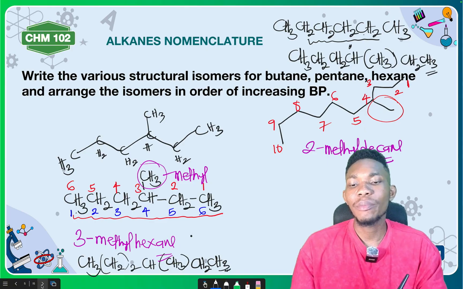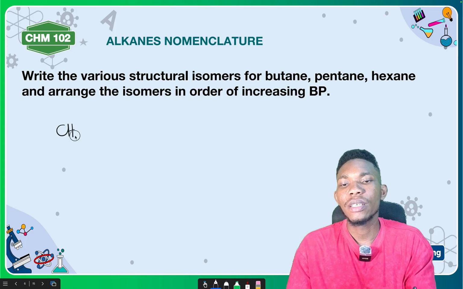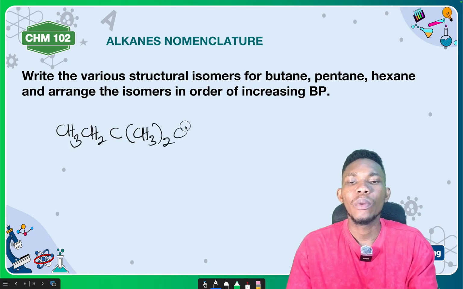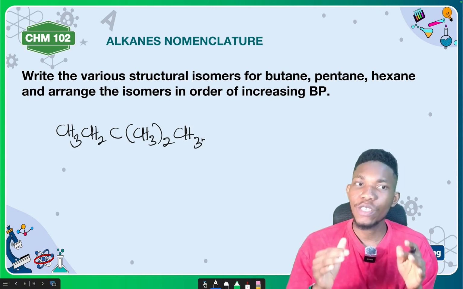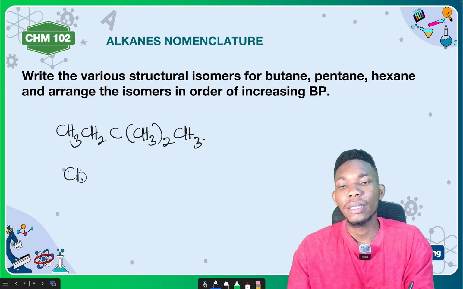So in the exam condition, how about if you are given something like this? Let's say CH3, CH2, C(CH3)2, and then we have CH3. How do you go about something like this? First of all, we have to bring it up. By normal thing, you are supposed to have what?